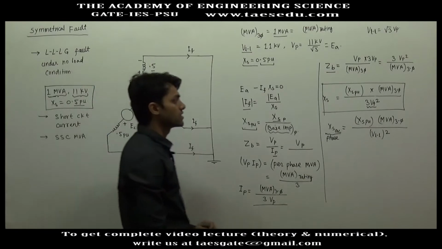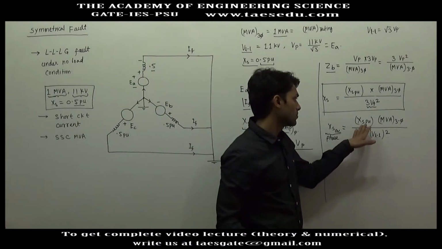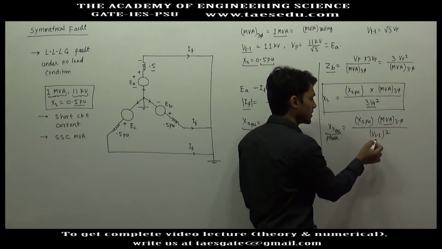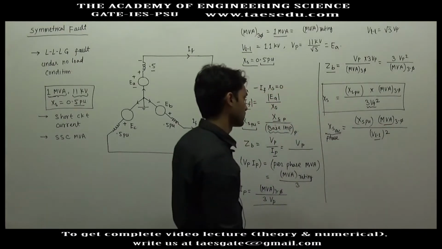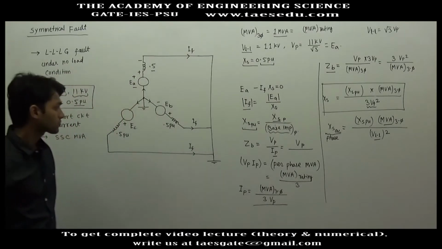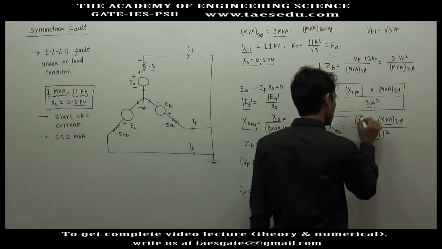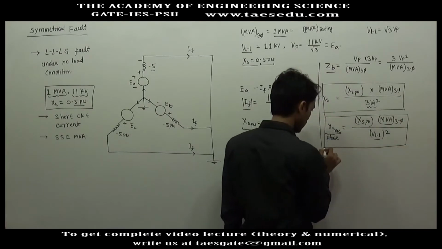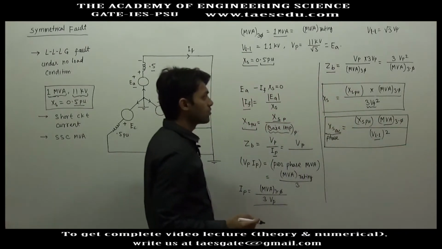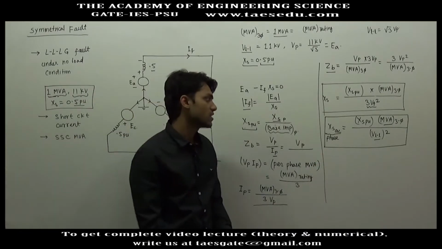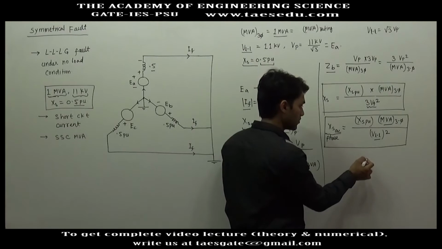So the actual value of phase impedance is equal to the PU value of phase impedance into the 3 phase MVA rating divided by line to line voltage square. This we have calculated for a star connected generator, and you please note it down. We will follow the same procedure to calculate the same type of formula in case of delta connection, and then we will compare the two results.